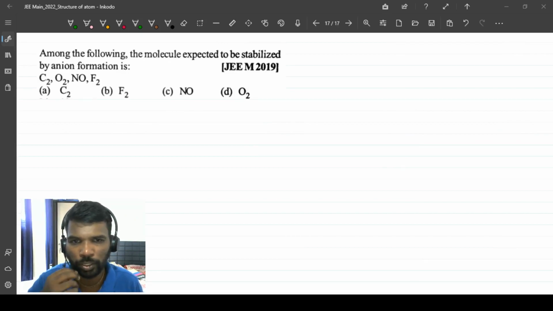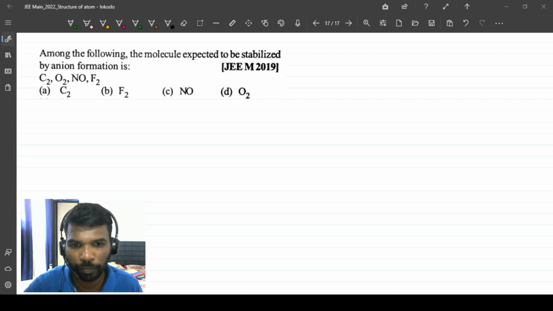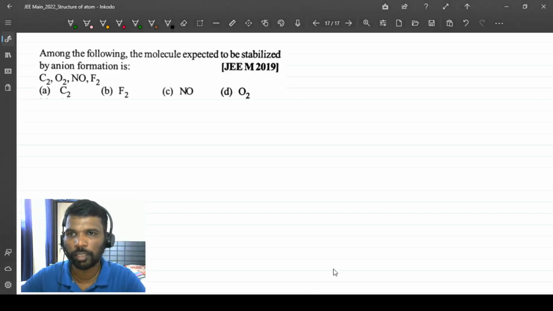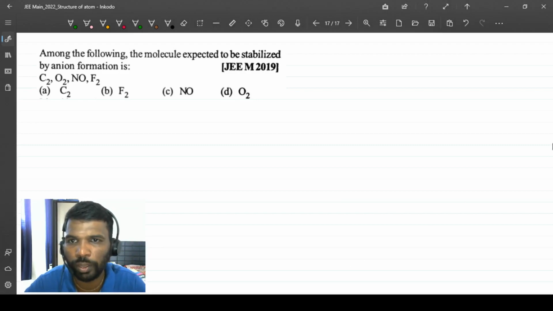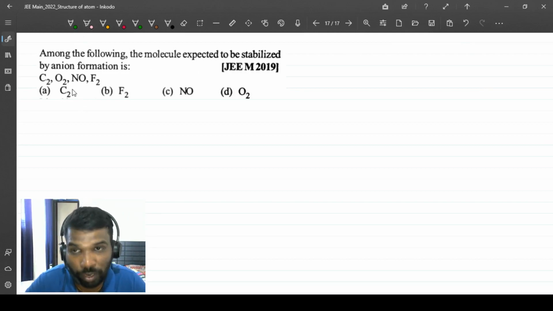Again, this question is based on molecular orbital theory. The question asked is: among the following, which molecule is expected to be stabilized by anion formation? Anion formation means if it accepts an electron, it will attain a negative charge and it will be stabilized. How do we understand this? Stability means what?